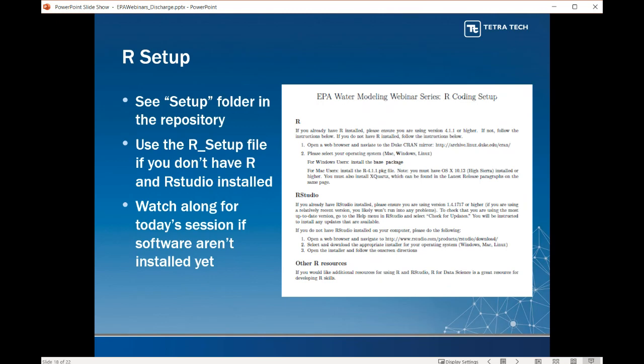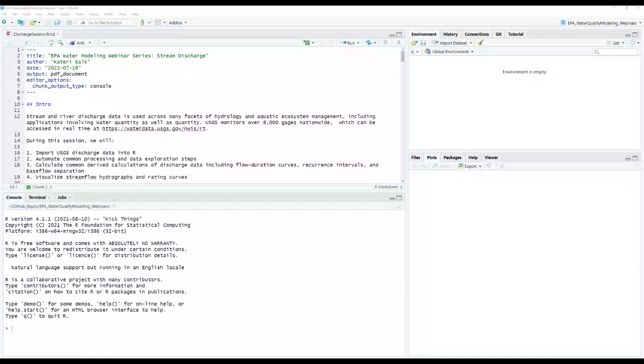All right, with that, I am going to hop over to a different window here so that we can actually access the code for today's session. So I've opened up that R project folder, or you could also access just the discharge session file. So on the lower right-hand side, you should have a Files tab.